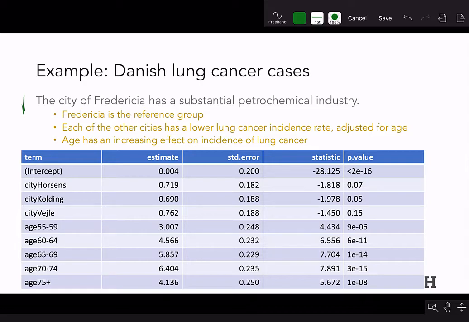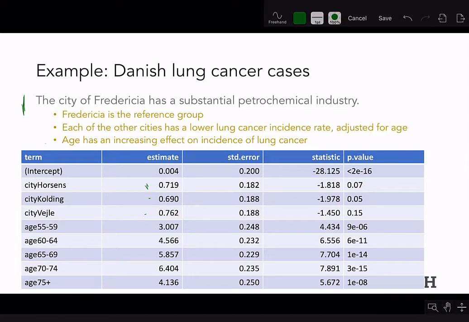In this analysis, Frederica is the reference group, and each of the other cities has a lower lung cancer incidence rate adjusted for age. And you can see that here where Horsens compared to Frederica is lower. All of these rate ratios are less than 1, which indicates for each of them they have a lower rate of lung cancer than the reference group, Frederica.